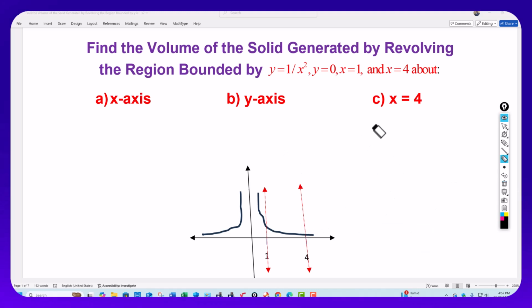Now for the next one, C, we want to rotate around the line x equals 4. Again, I think this will work out better if I use the shell method here. So let me put my rectangular strip here. It's going to be the volume using the shell method.